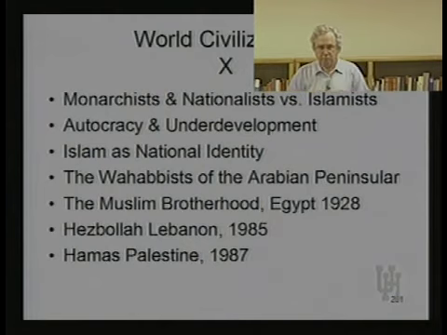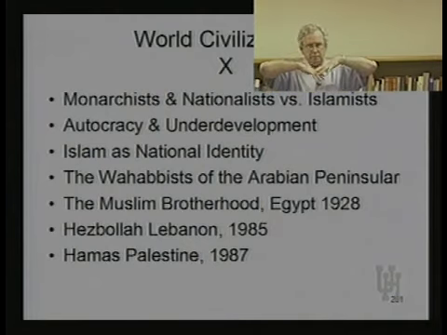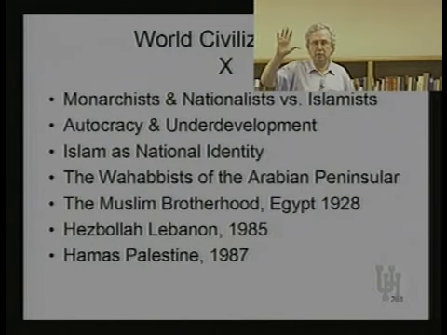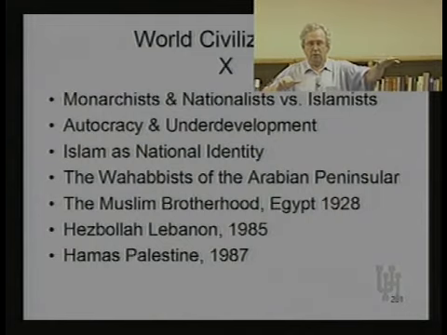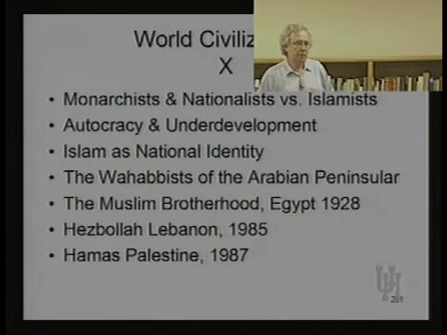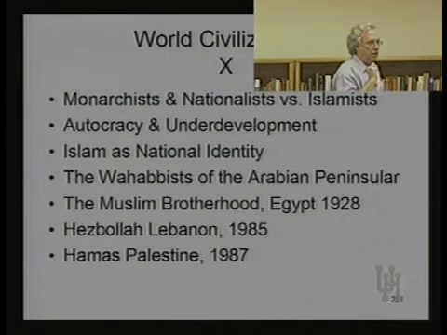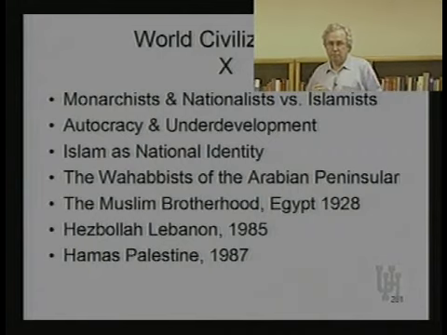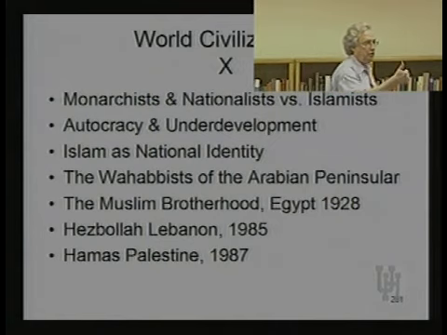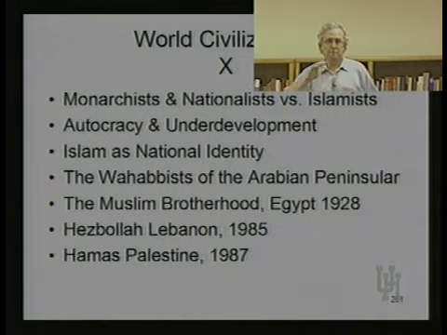These movements want to see societies where Islam's influence is pervasive, not just in the mosque, but in the law courts, in common culture. They believe many of the states, the political systems that control the Middle East today, whether they are dynastic or nationalist, whether it's Saddam Hussein or the King of Saudi Arabia, have corrupted their societies, have failed to live up to the principles of Islam.